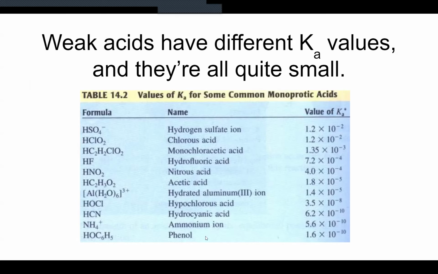Some of the smallest ones, like phenol at the bottom here, 1.6 times 10 to the negative 10th. So Ka values for weak acids are very, very small. Ka values for strong acids are very, very large. Thank you for your good work today.